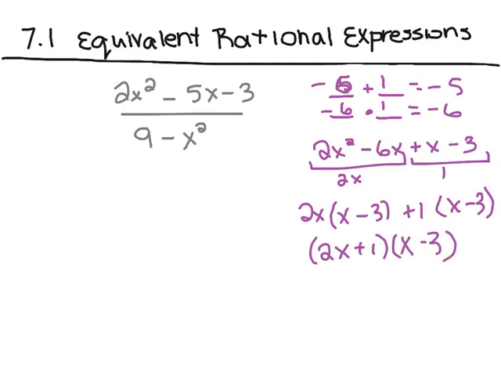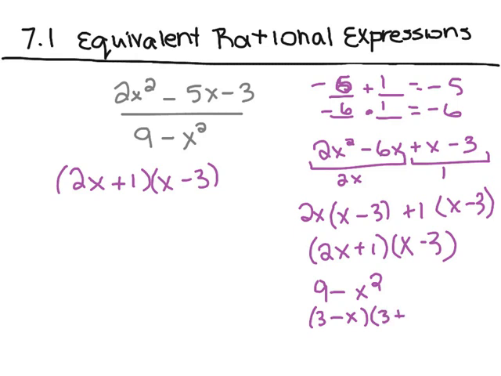So we can plug that into our equation. Now on the bottom we have 9 minus x squared. This is a difference of squares, so we can go 3 minus x and 3 plus x.